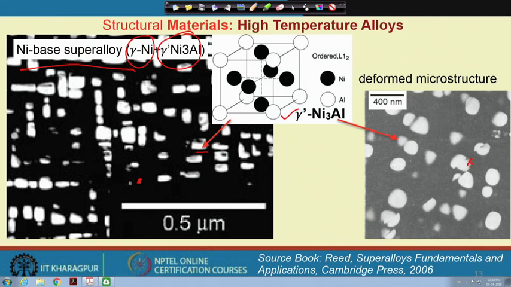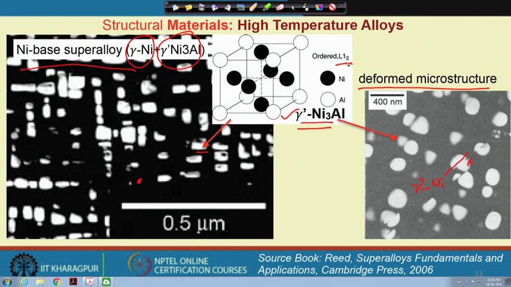When a dislocation is going to pass, it has to cut through, and this is a deformed microstructure of such a superalloy. So, you can see we can increase the strength of this gamma nickel matrix by these precipitates, and these precipitates are the ordered L1 2 structure of Ni3Al, and this is the strategy of developing superalloys.